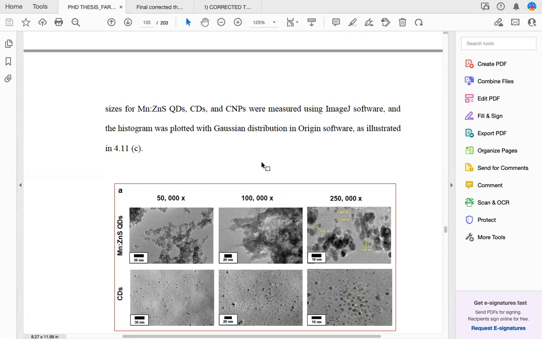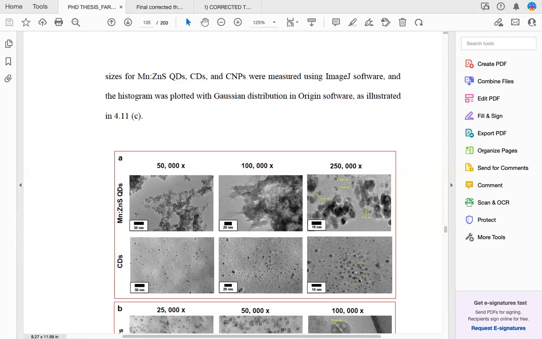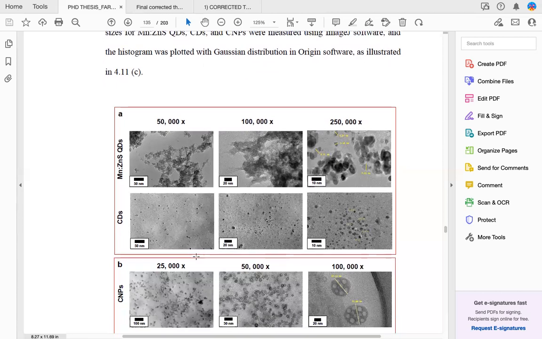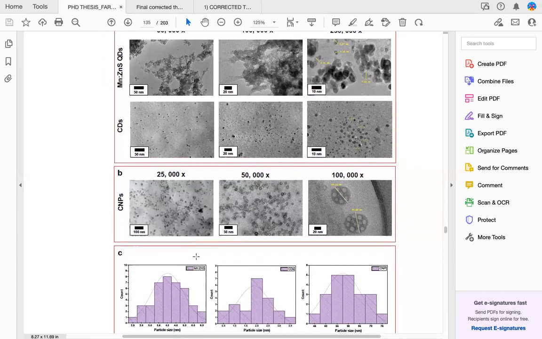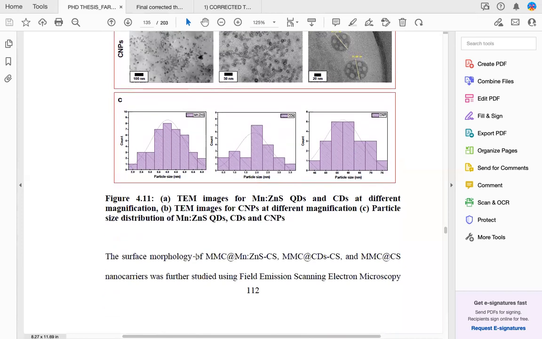No, you can only differentiate sizes in HRTM. If you discuss that there are shiny gold nanoparticles here, that is absurd. So you must know what to discuss from each characterization. All right, that was morphology, but size.